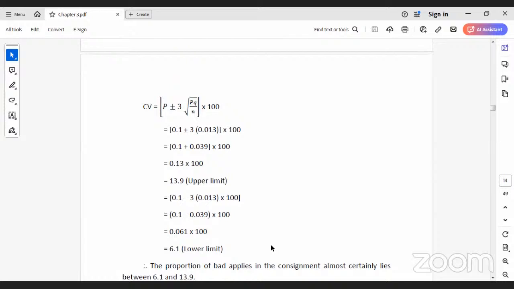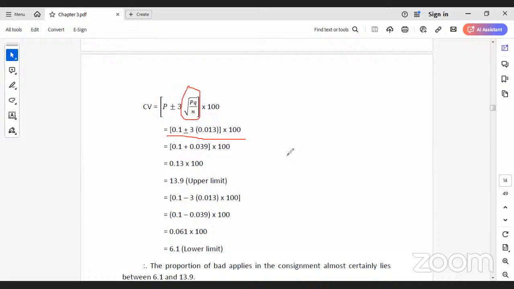Here P value is 0.1. You observe carefully this step here. 0.1 plus or minus 3 into the square root of PQ by N. How much did we get as the answer? 0.013 into 100.